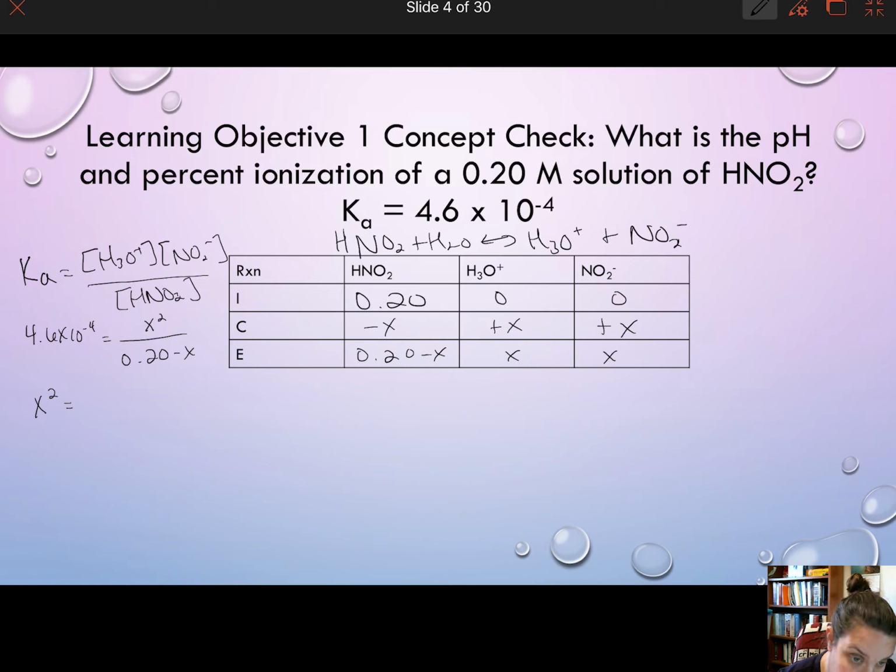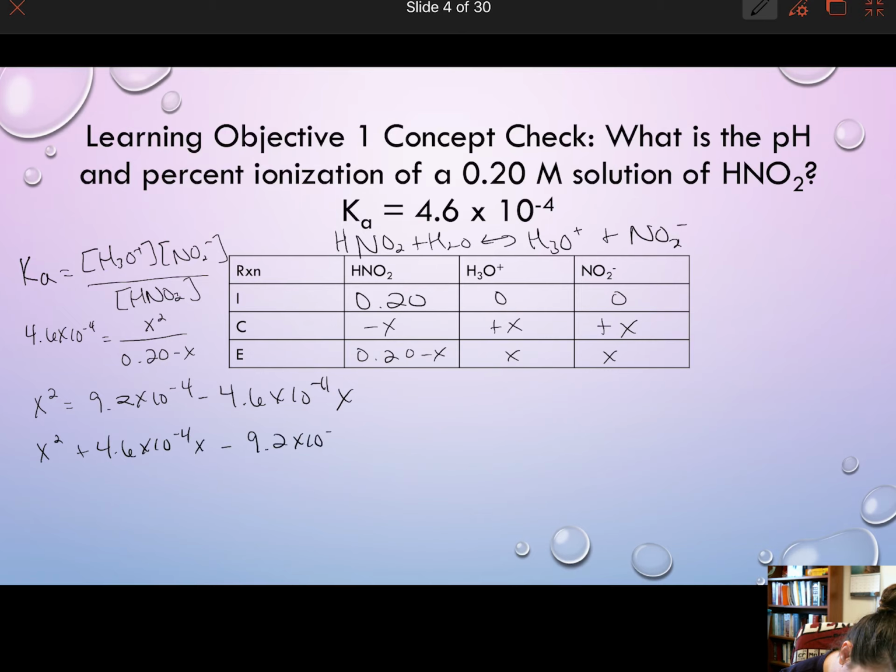We get X squared is equal to 9.2 times 10 to the negative 4 minus 4.6 times 10 to the negative 4 X, and then we're going to combine everything on one side of the equation to get X squared plus 4.6 times 10 to the negative 4 X minus 9.2 times 10 to the negative 4 is equal to 0. So we have our A, our B, and our C.